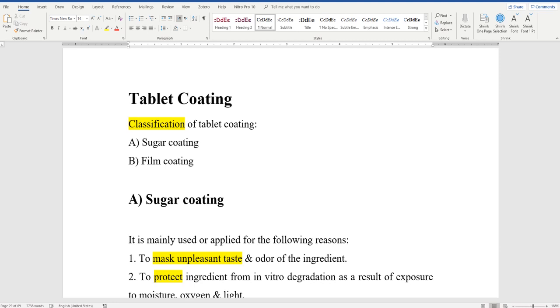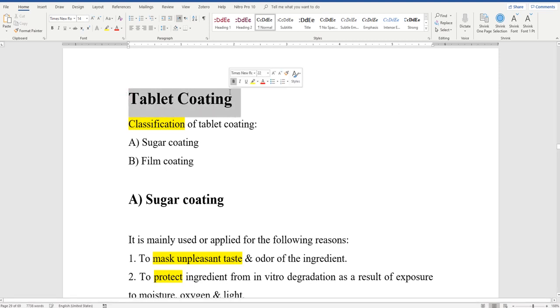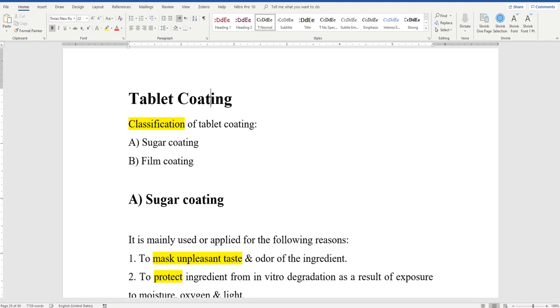And as you see today in this title, we're going to talk about tablet coating. Now, two main types of coating we will discuss in this part. The first one is sugar coating, and the second one is film coating.